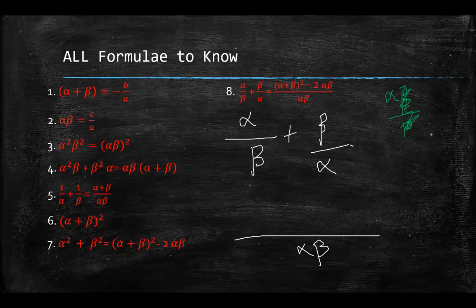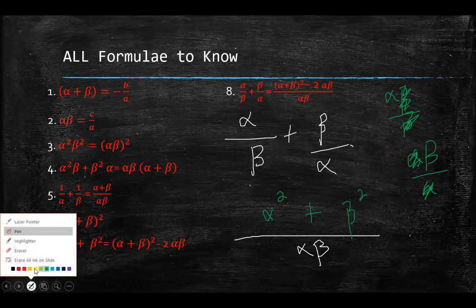And alpha times alpha, alpha squared. And alpha beta divided by alpha, take off alpha, what do I remain with? Beta. And beta times beta, beta squared.